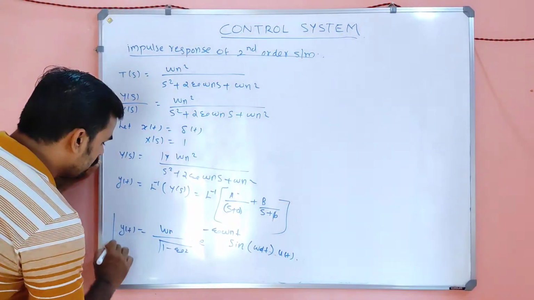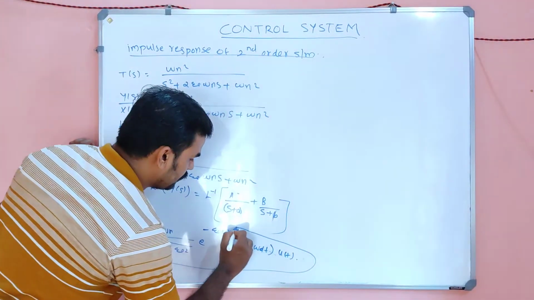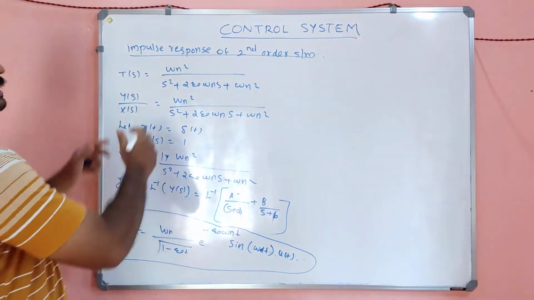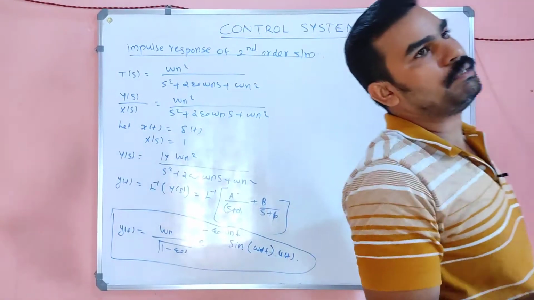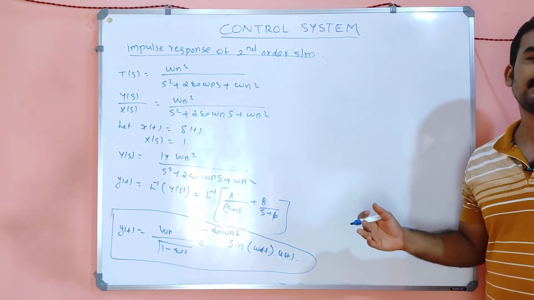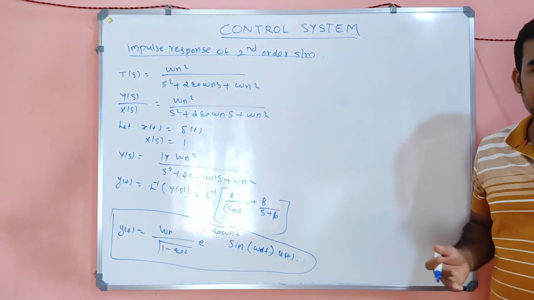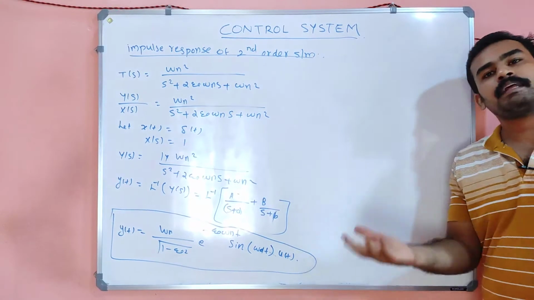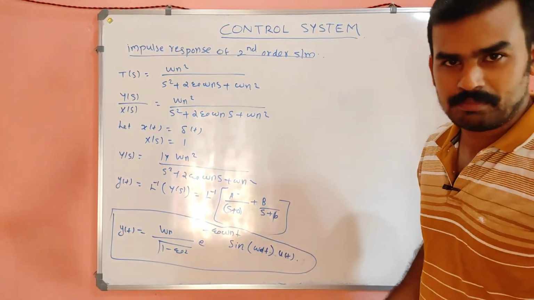So this equation only you have to remember, because the derivation of that equation is not our area of interest from the competitive examination point of view. If you are preparing for a university examination, then the derivation will be asked, right?